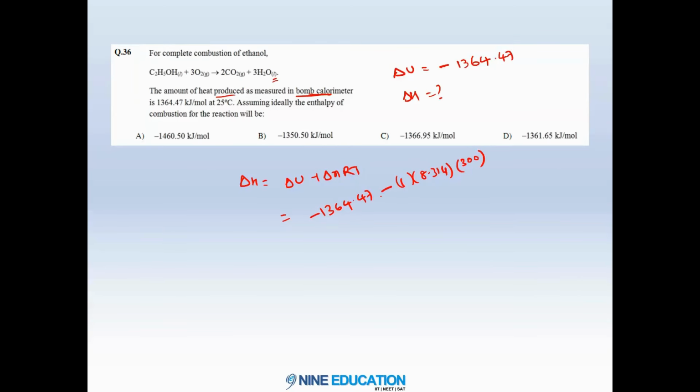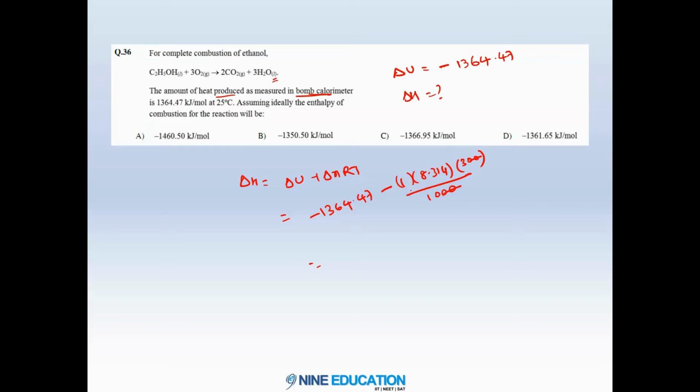Please mind, I told you several times, I always tell you. Here, if you have kilojoules, this value will be in joules. So make sure that you multiply this by 1000 so that you will also get it in kilojoules. We have done this several times. I'm sure your teachers would have also pointed at this particular thing. So if you write 8.314 as 25 by 3, the 3 gets cancelled and 2 zeros are gone.